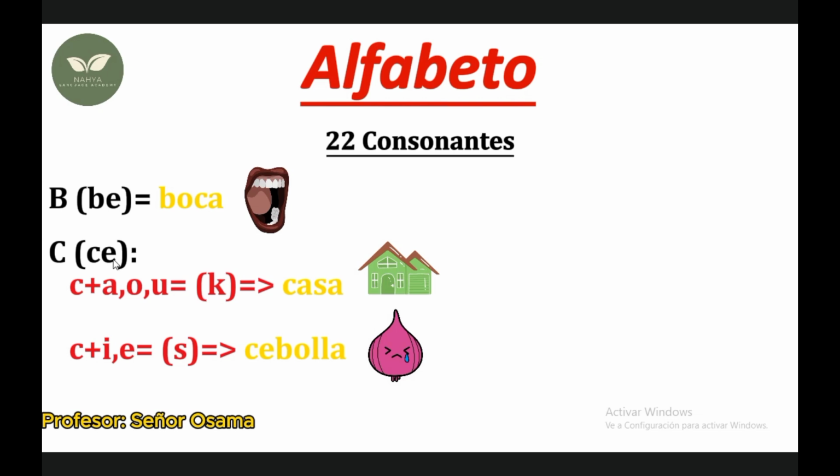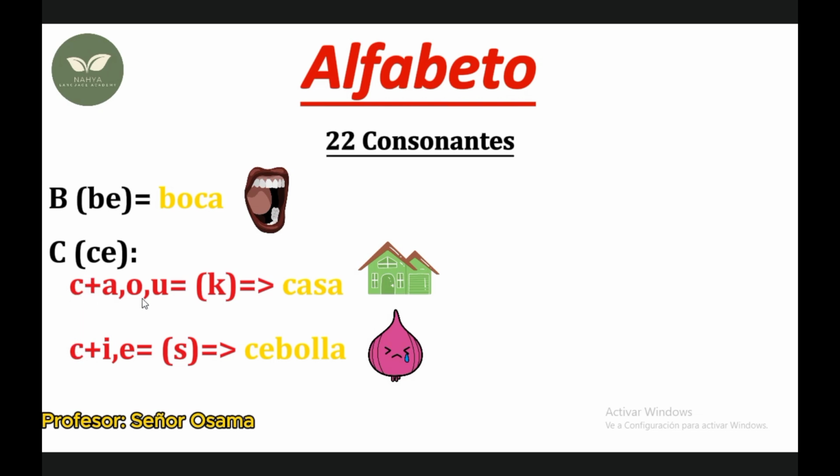In Spain, the Spanish people pronounce this C like this, th. But in South America, people pronounce it like this, se, normal. So here we have two cases. The letter C can have two pronunciations.